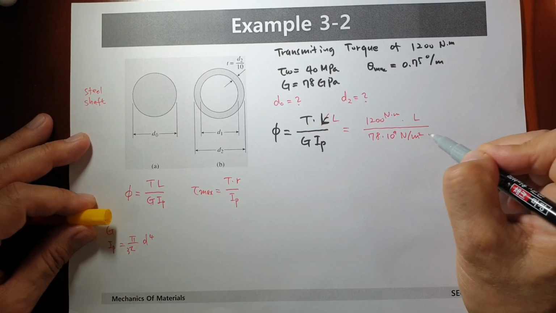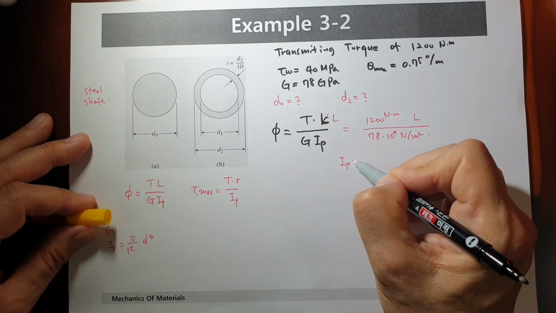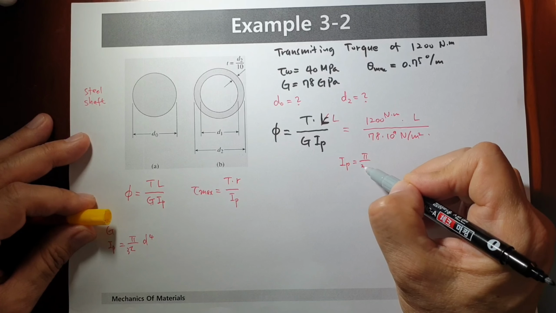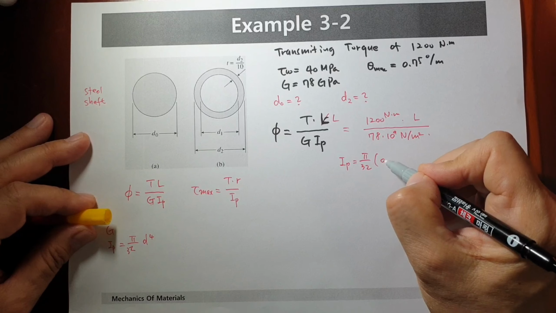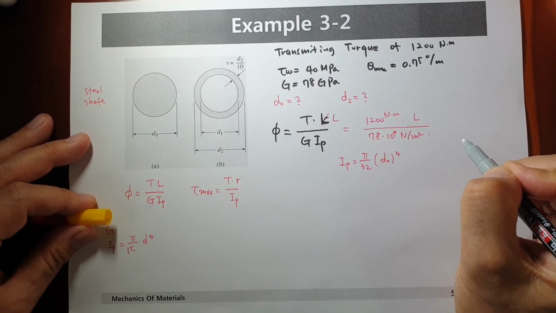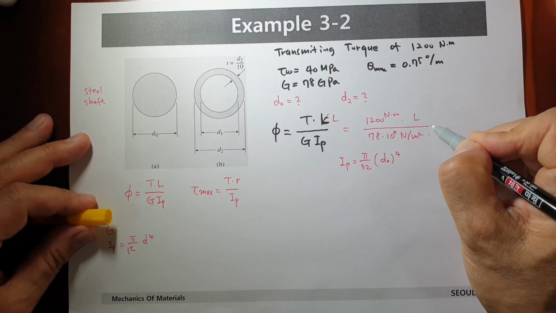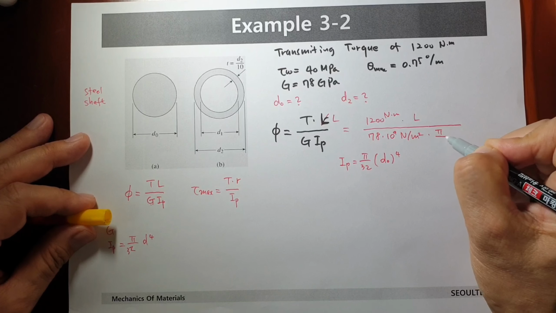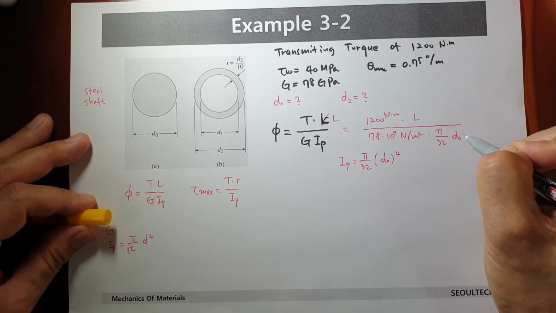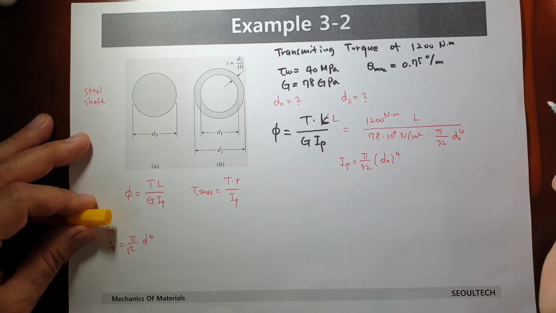And IP is what? IP equals 5 over 32, which one? Diameter D0 exponential 4. 5 over 32, the outside diameter exponential 4.